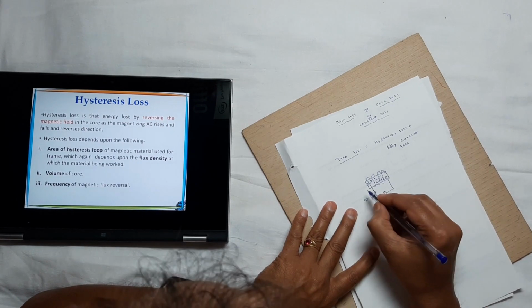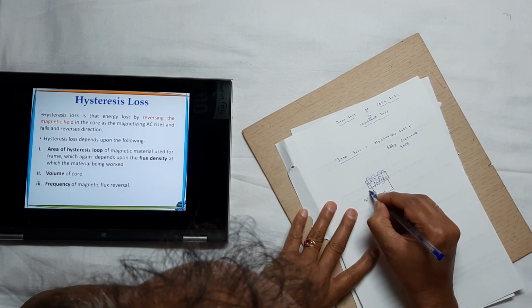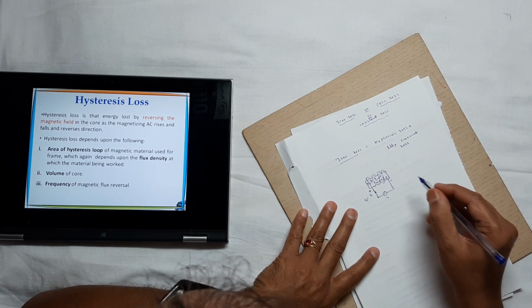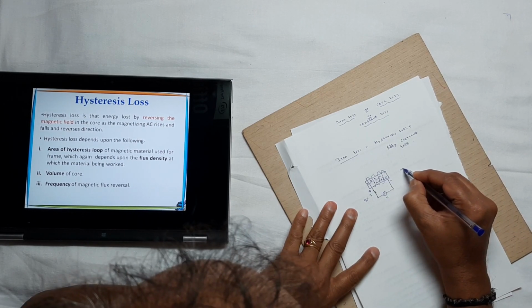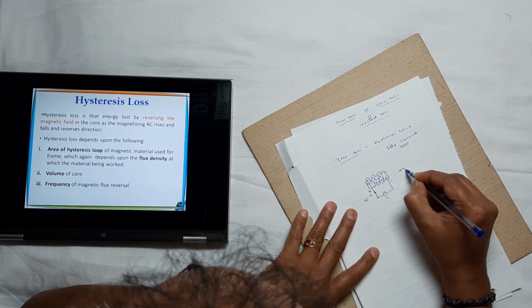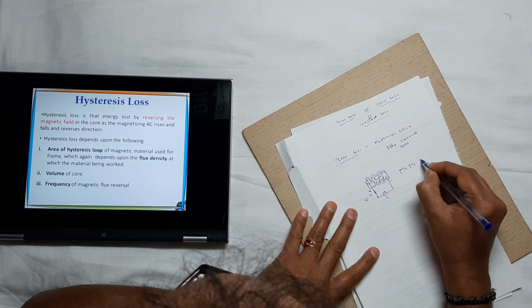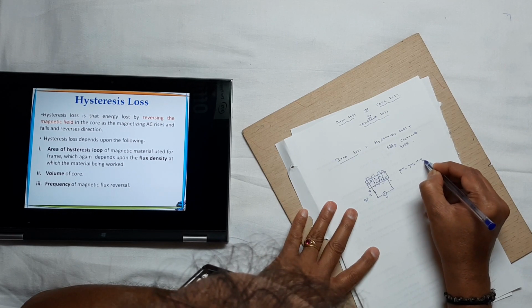When this is positive with respect to negative, in the positive half cycle, all these magnetic dipoles are arranged in a systematic manner, that is N and S, N and S, N and S, like this.